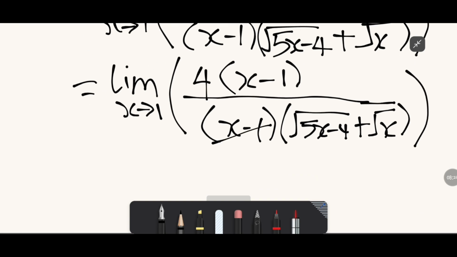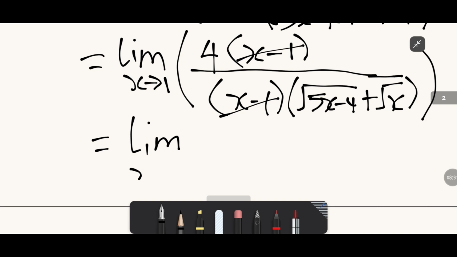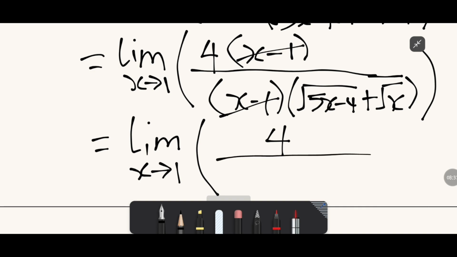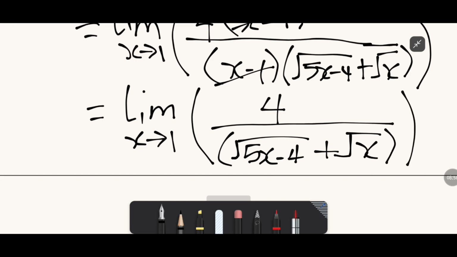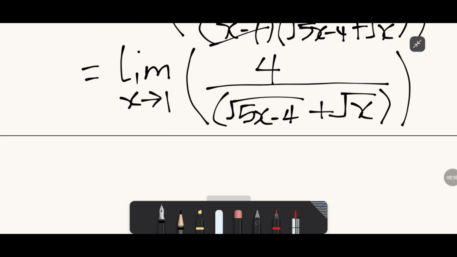So this can cancel this. So we'll be left with limits as x approaches 1 of 4 all over square root of 5x minus 4 plus square root of x. Now, if you look at the function now, there's nothing else to simplify.